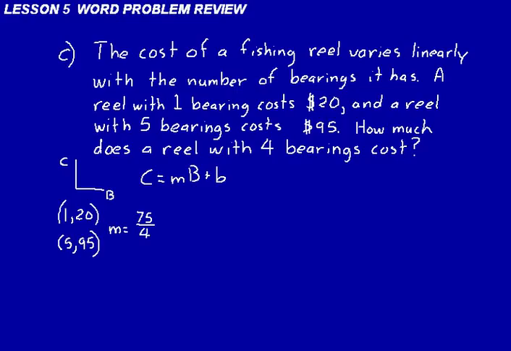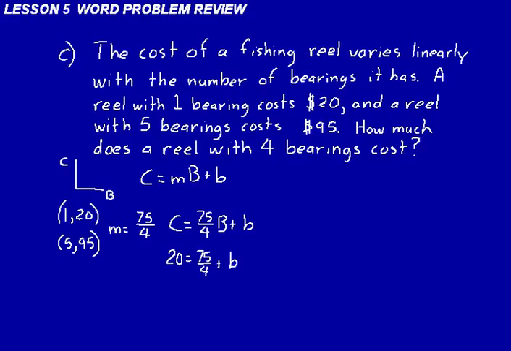is 4. And we can just say cost is equal to 75 over 4 times the number of bearings plus b, the y-intercept. To find the y-intercept, let's just substitute 1, 20 in. When the cost is 20, we'd have 75 over 4 times 1, or just 75 over 4 plus b.